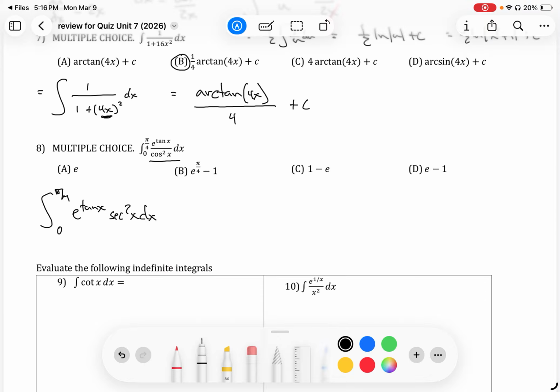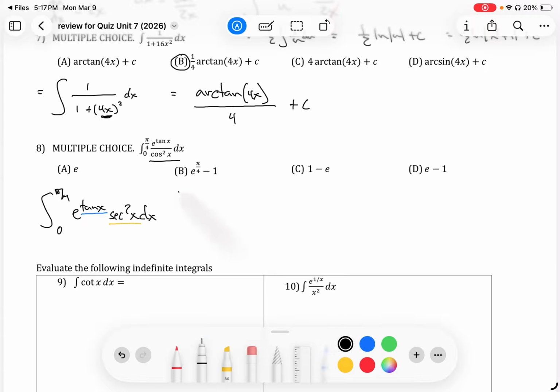Because if I have cosine squared in the denominator, that's the same as secant squared in the numerator. So now I have a function that's been plugged into the e to the blob function, and I have the derivative of that function, right? And multiplying by the derivative of tangent x.